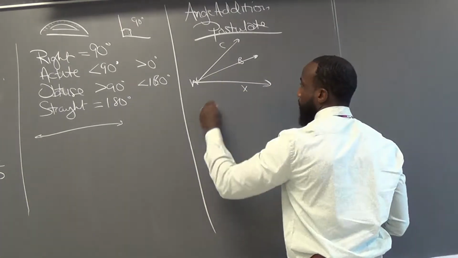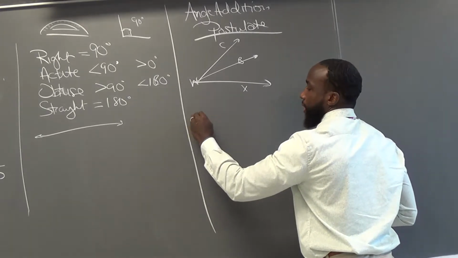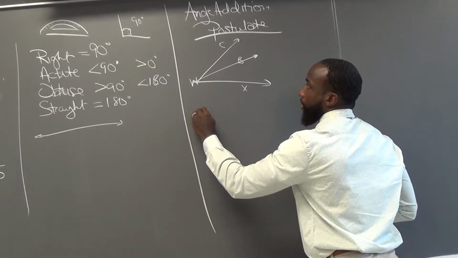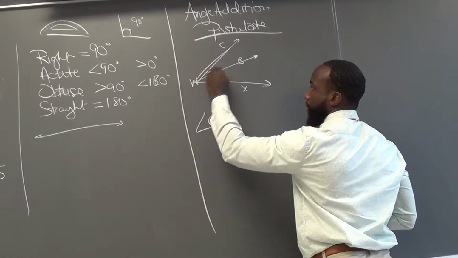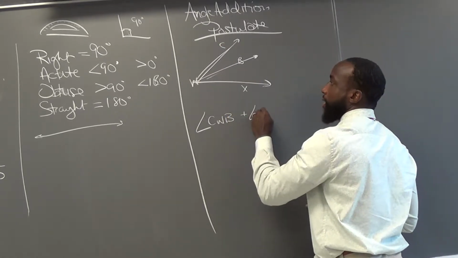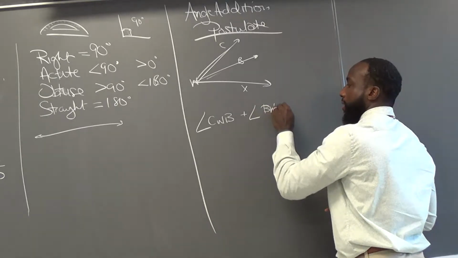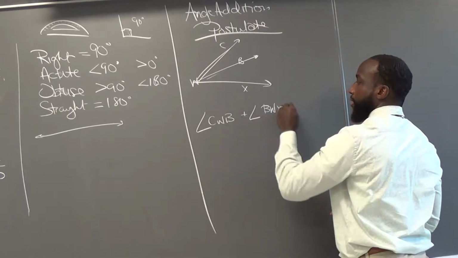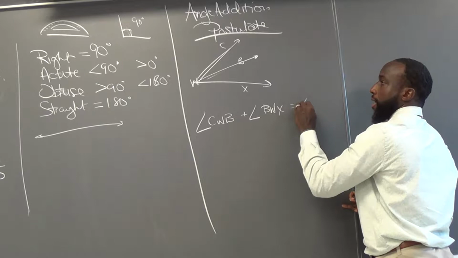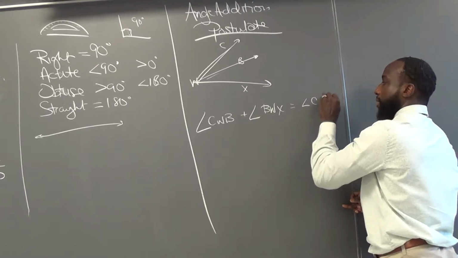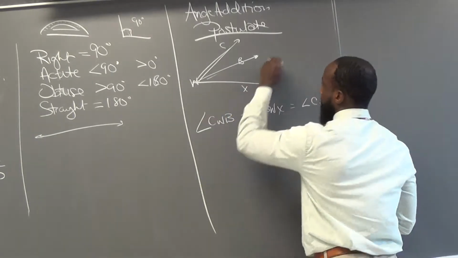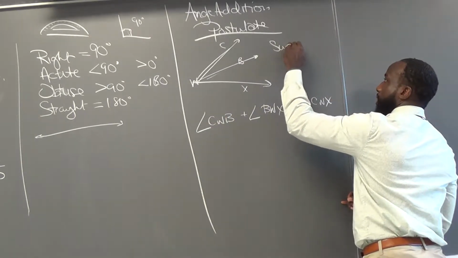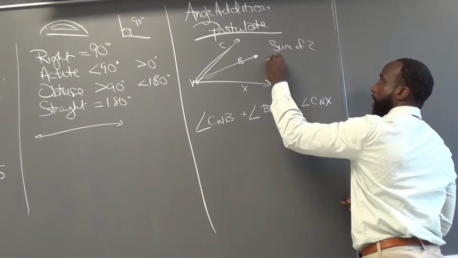So angle CWB plus angle BWX, that's this angle here, equals the whole thing, angle CWX. Okay?